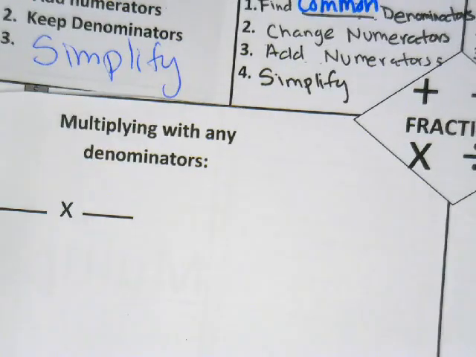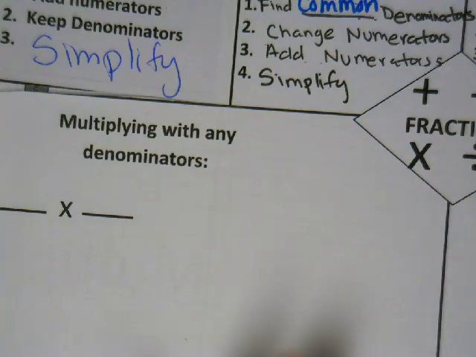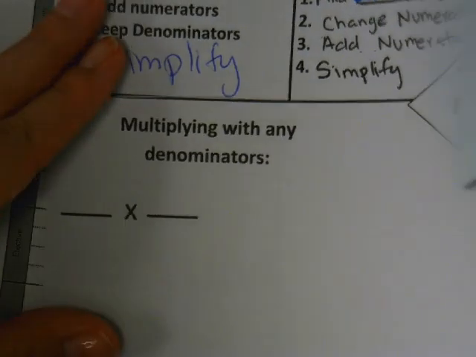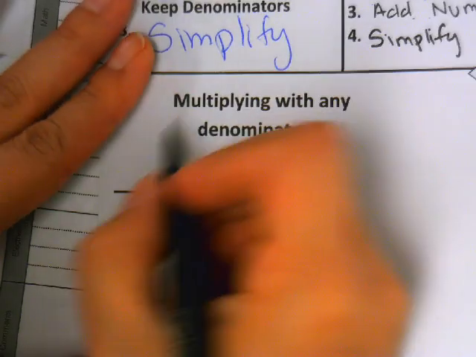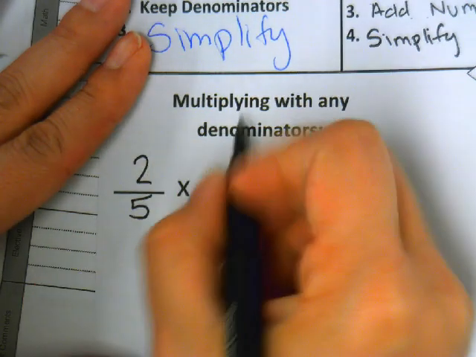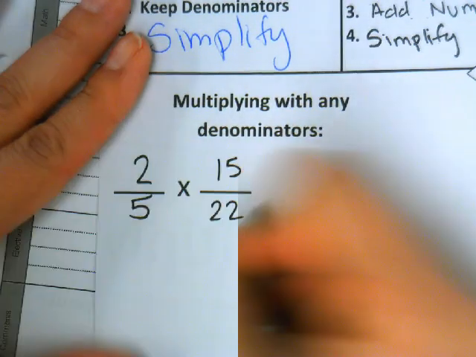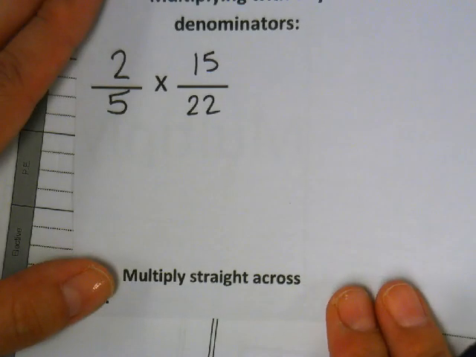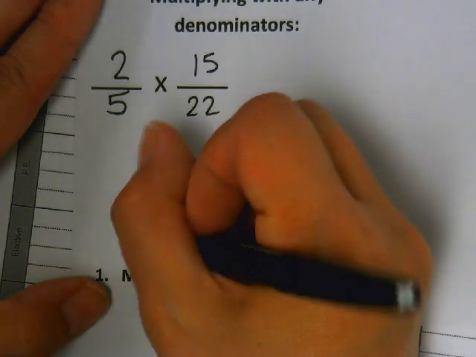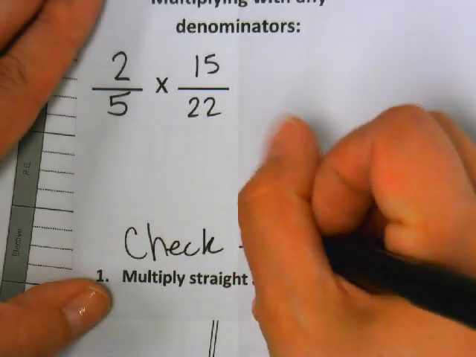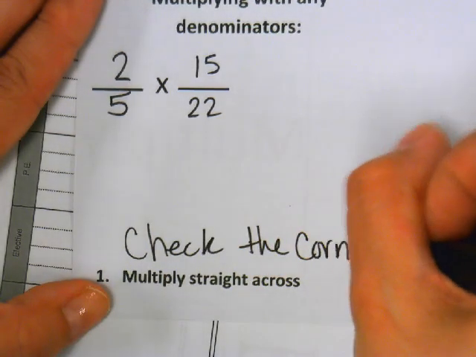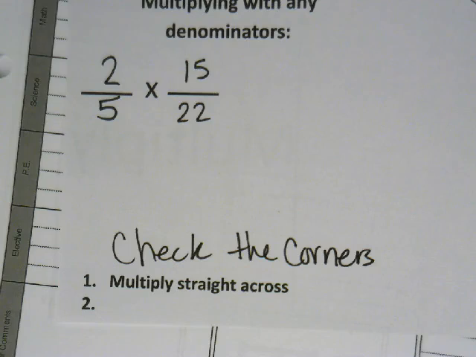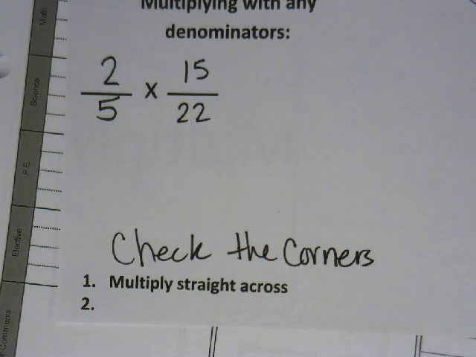All right. Multiplying. It's the easiest one. 2/5 times 15 over 22. Now, before you multiply straight across, what I want you to do is simplify. Check the corners. We should write another note.